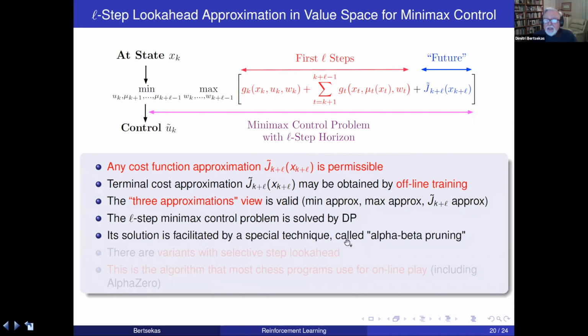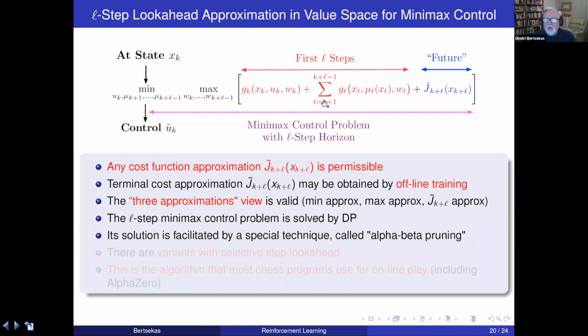Now, there's an interesting technique for solving this min-max control problem called alpha-beta pruning. Some of you may have seen it in algorithms courses. It's used to simplify minimax search over a finite number of steps. It's basically a technique that allows you to decide that it is not necessary to search forward from a particular point, because that would not change the outcome of the solution.